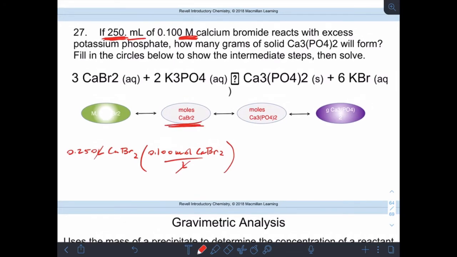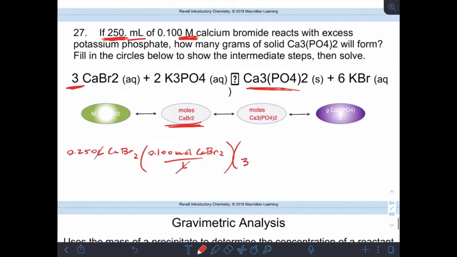Okay, so now I'm going to do my stoichiometry. So this is where I use my mole ratios. So I've got 3 moles of calcium bromide and 1 mole of calcium phosphate. Okay, so right now moles of calcium bromide are on top, so I'm going to put them on the bottom.